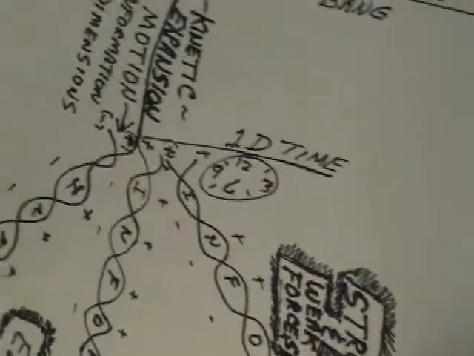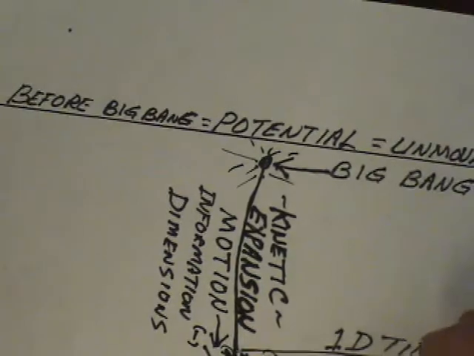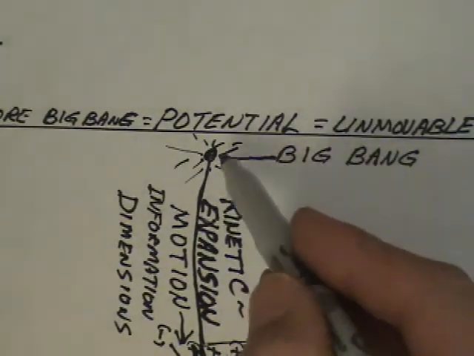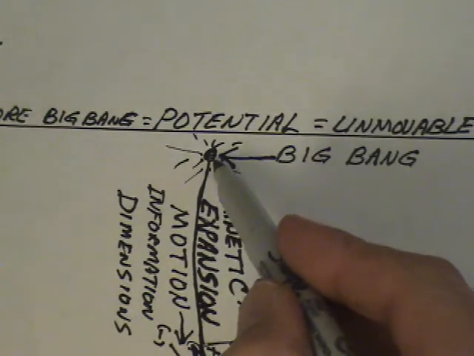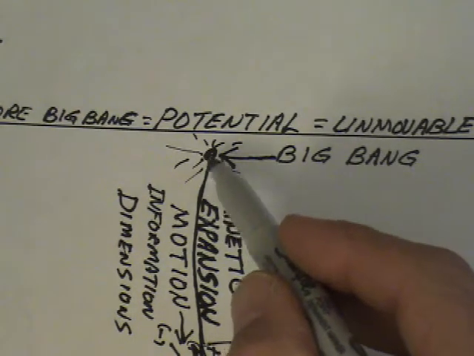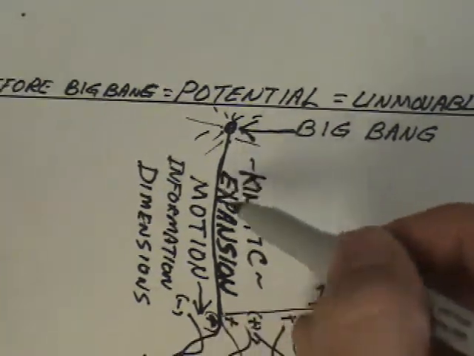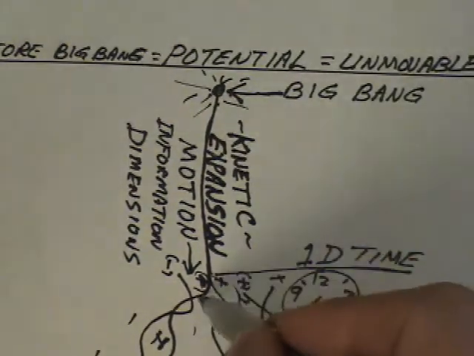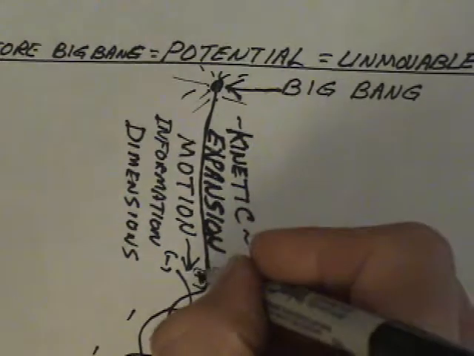Now, right here you got the Big Bang. This dot by itself is information. There's no 2 points right here. This is your second point right here.